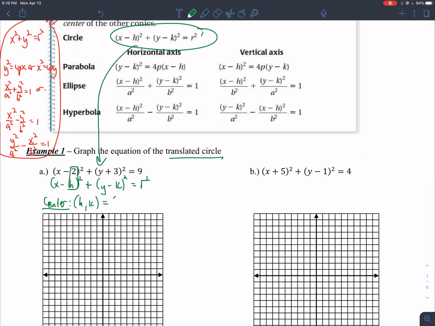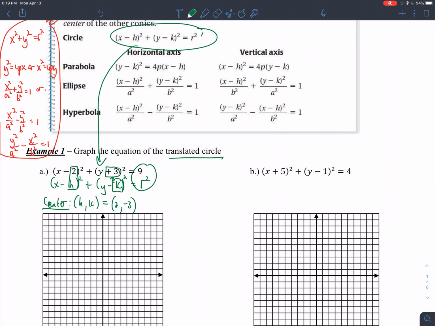And k, if you look here, this is y minus k, but this is positive 3. So k here actually is negative 3. It's the opposite sign, because in order for me to get y plus 3, I need to substitute negative 3 in for k. So (h, k) is (2, negative 3).